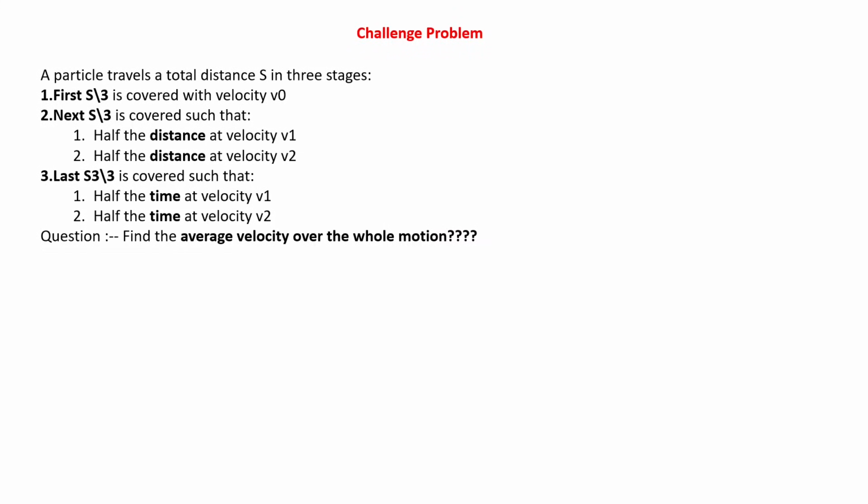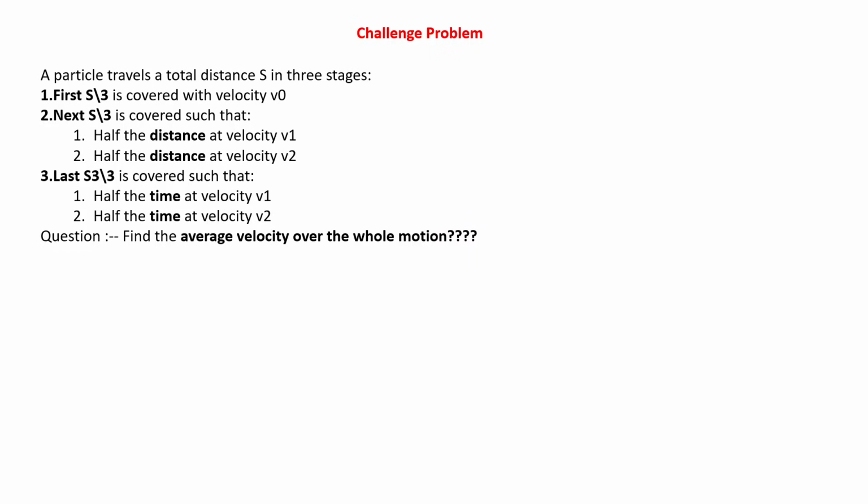A particle travels a distance s in 3 stages. The first s by 3 is covered with the velocity v0. The next s by 3 is covered in such a way that half of the distance is covered with the velocity v1 and the remaining half of the distance at the velocity v2. The last s by 3 distance is covered with half of the time at velocity v1 and half the time at velocity v2.